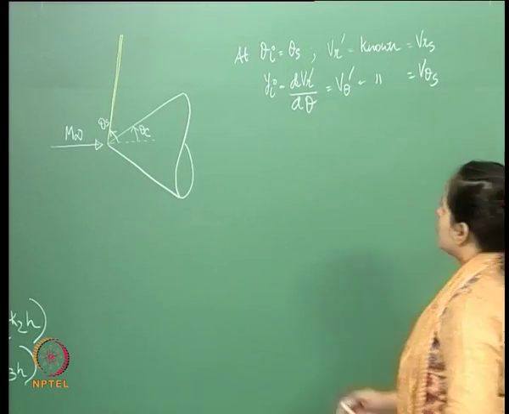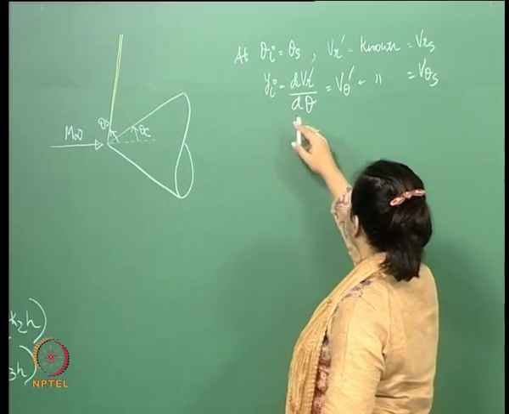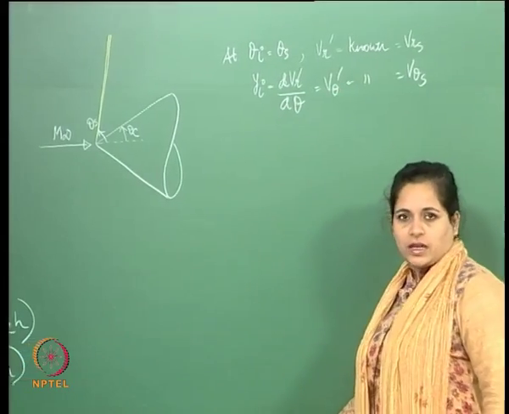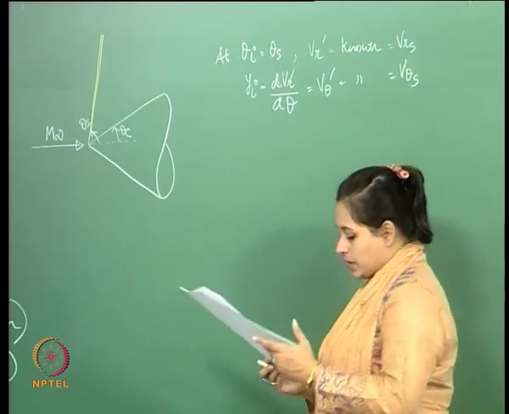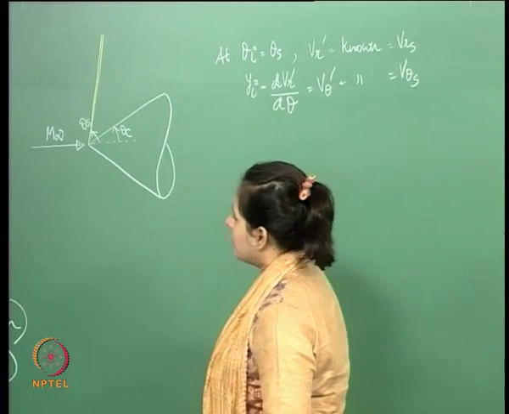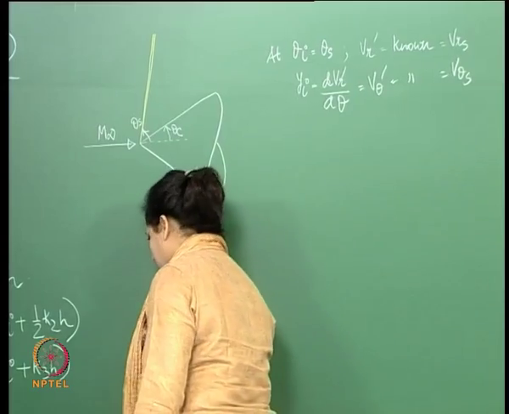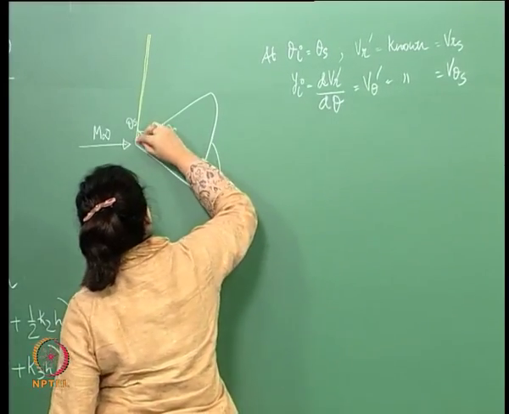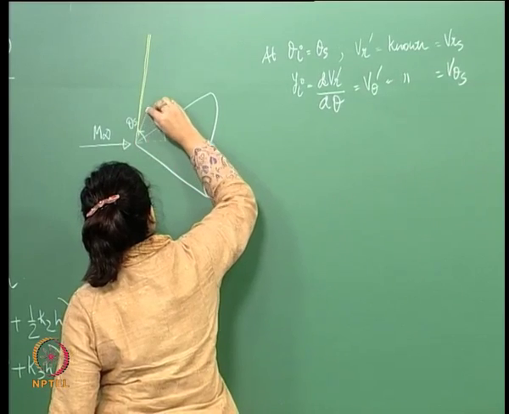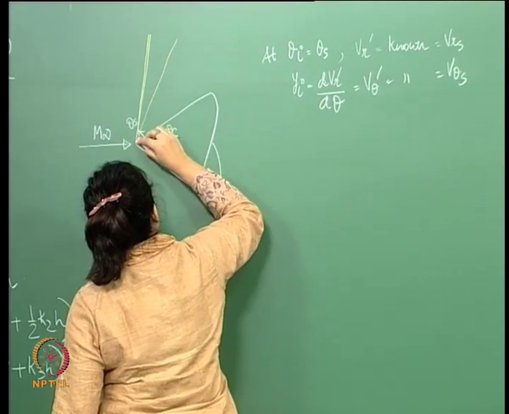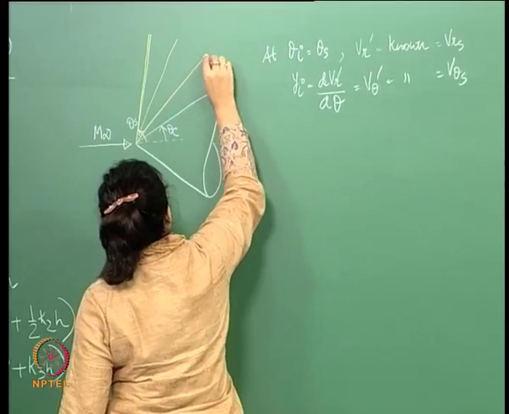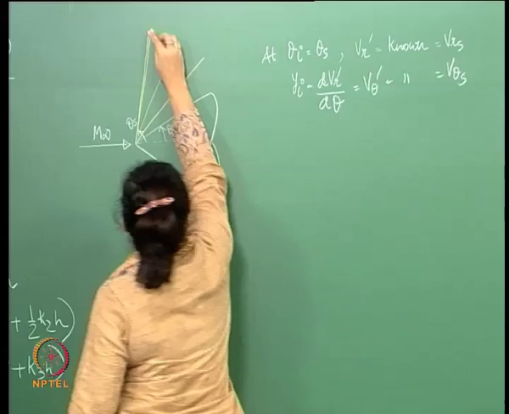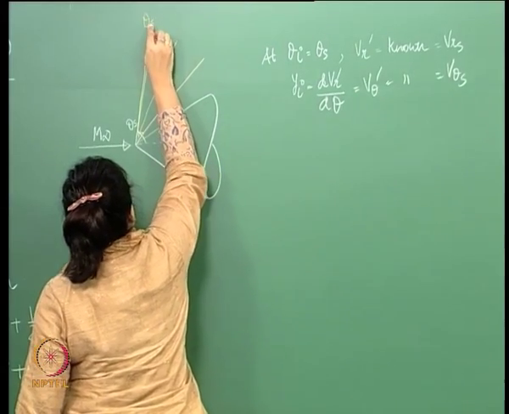When we start right at the shock, we basically know V r dash, V theta dash. So essentially what we are trying to do here is, on these radial lines, this is my theta s.